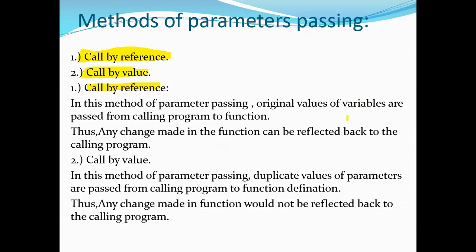Next is call by value. In this method of parameter passing, duplicate values of parameters are passed from the calling program to the function definition. We are only passing the value. We are not changing that variable in the main program. Thus, any change made in the function would not be reflected back to the calling function.